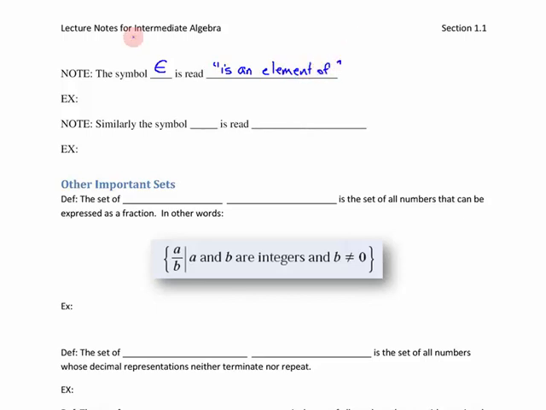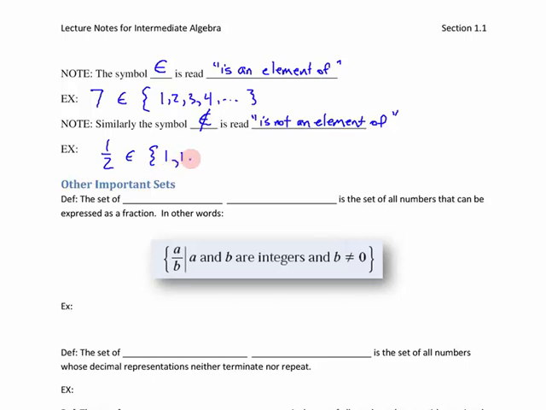Okay, so for example, 7 is an element of the set 1, 2, 3, 4, and so on. Right? It is in that set. Now, to describe something that's not in the set, we would use the element of, but put a line through it. So that would mean "is not an element of." So, for example, 1/2 is not an element of the natural numbers.